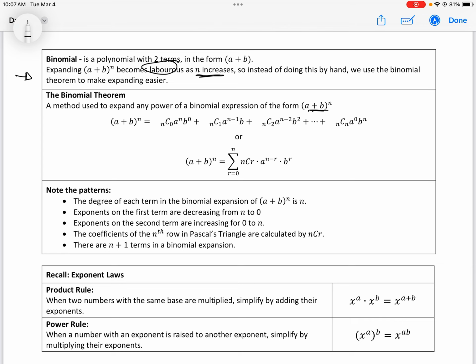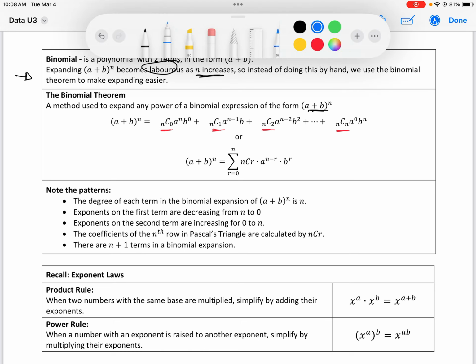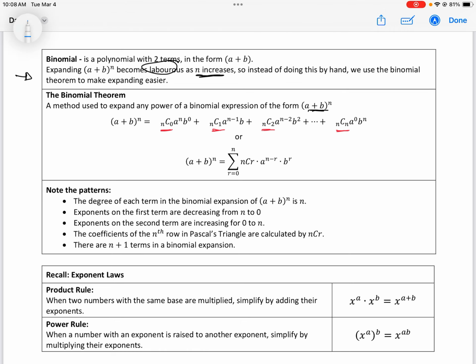So technically what ends up happening is we see 3 patterns here. Let me highlight: n choose 0, n choose 1, n choose 2, all the way to n choose n. And we can use either Pascal's triangle or the choose function. Now, a to the n, a to the n minus 1, a to the n minus 2, all the way down to a to the 0.